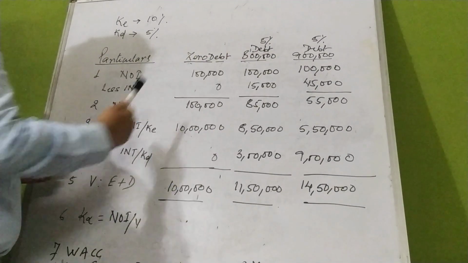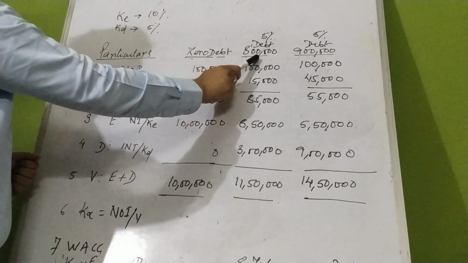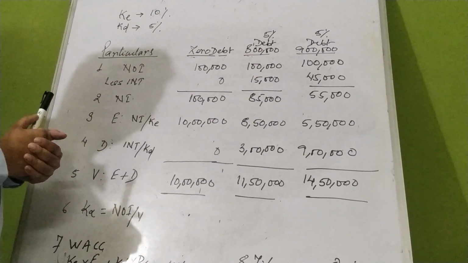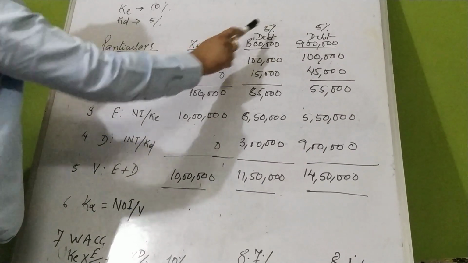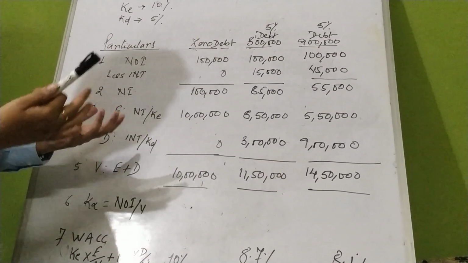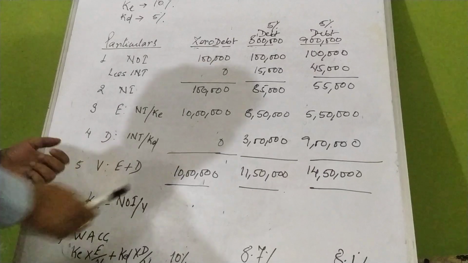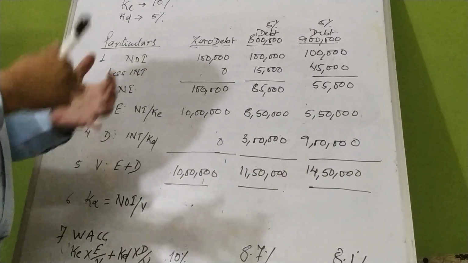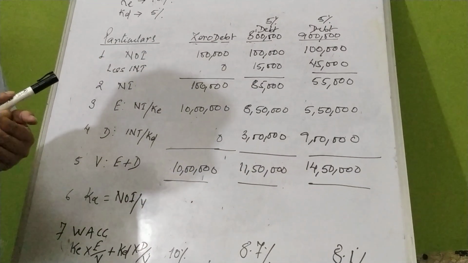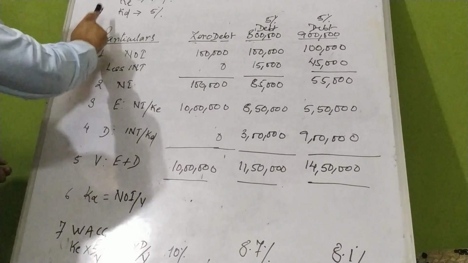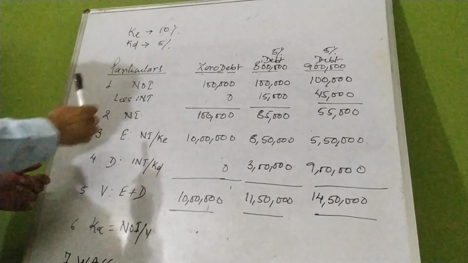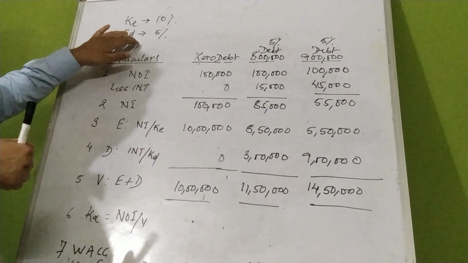In the second, plan B, the company is opting for a debt of rupees 3 lakhs, and to get this 3 lakhs they have to pay interest of 5%. So the cost of debt is 5%. In plan C, they are considering a debt of 9 lakh rupees at the same interest rate of 5%. The cost of equity is 10% and the cost of debt, as I have already told you, is 5%.